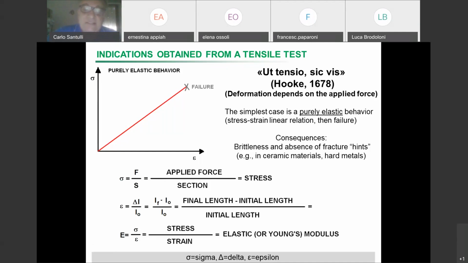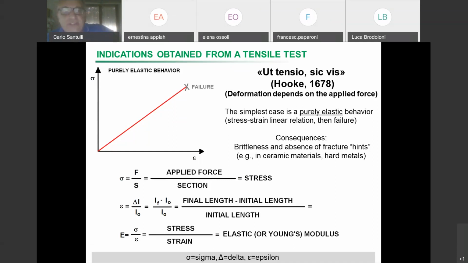Anyway, here you miss strain, and the ratio between stress and strain is the elastic or Young's modulus, which was discovered by Young, and here we are at the beginning of the 19th century, basically. There is this linearity between the stress and the strain, if the material is elastic.